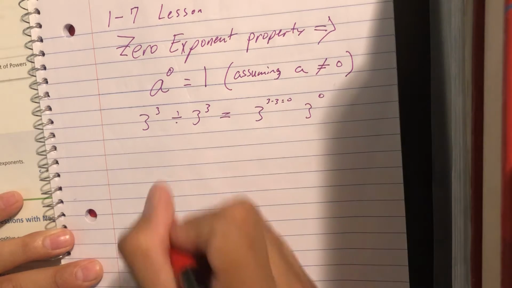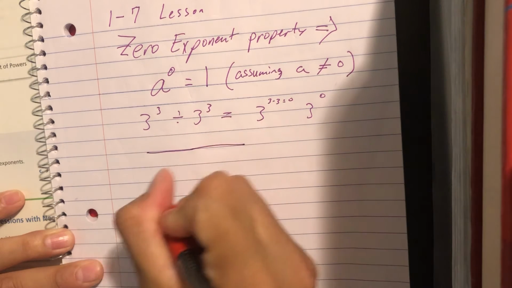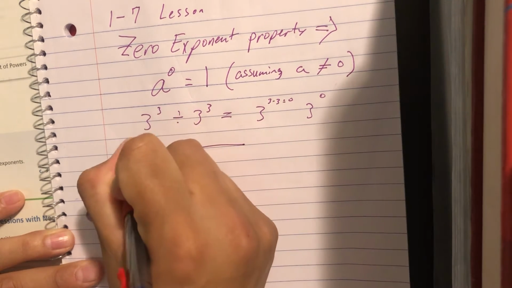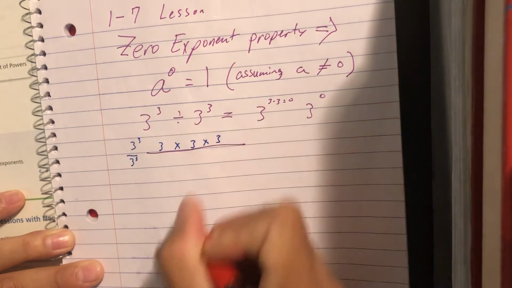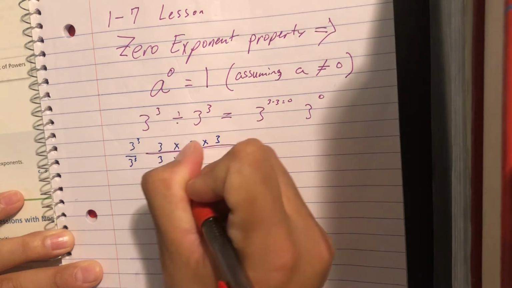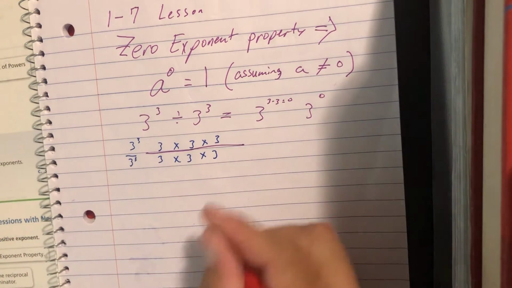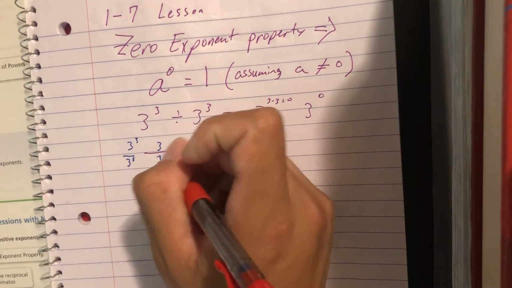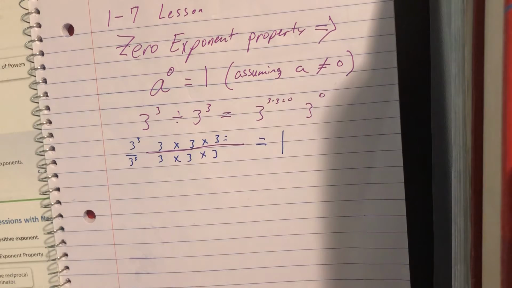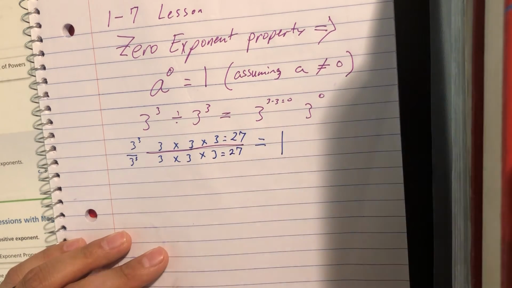Now, how does that work? If I write it out, 3 to the 3rd is 3 times 3 times 3, over 3 times 3 times 3. This is 1, this is 1, this is 1. Or if you multiply it, 9 times 3 is 27. So it equals 27 over 27, which we know is 1.